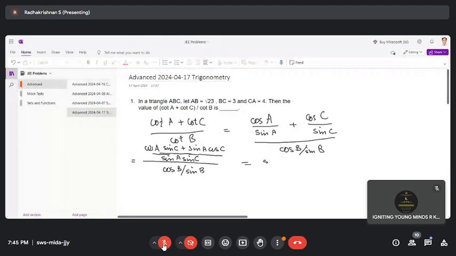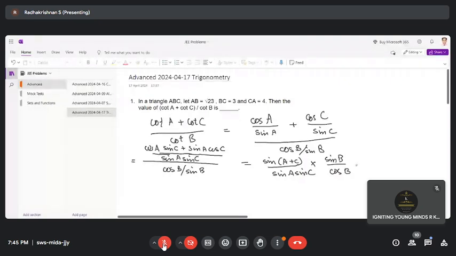That is sin (A plus C) divided by sin A sin C. What is the numerator? So the denominator, cos B by sin B, I will write as the reciprocal, sin B by cos B.